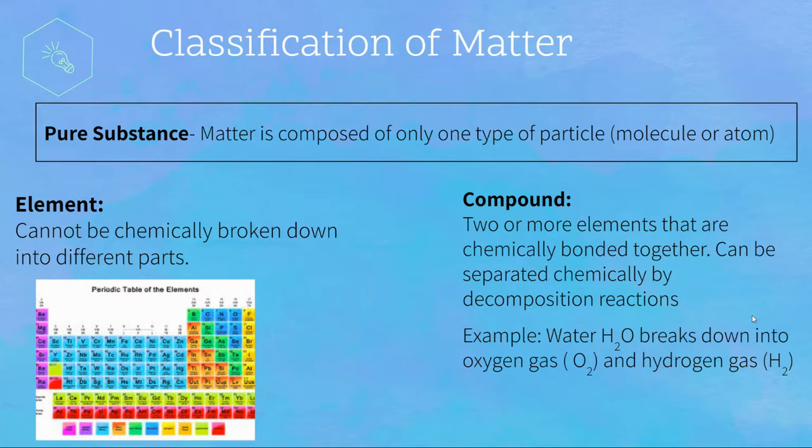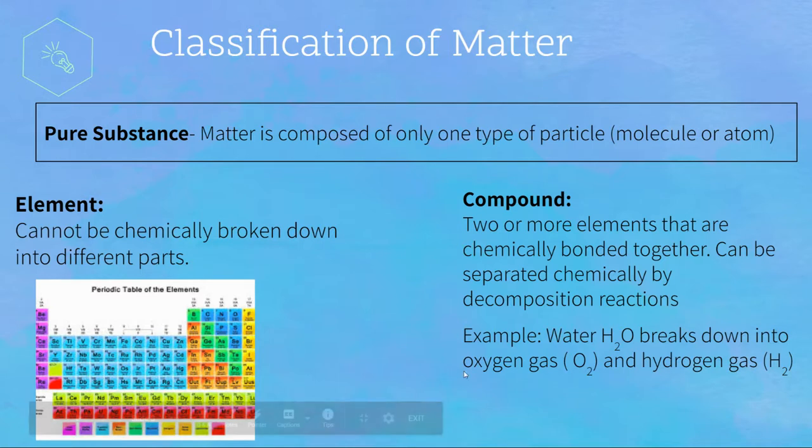You can take the hydrogen and put it back on water. You can take the oxygen and put it back on water. So we can chemically break down compounds. But it is a compound because it's two or more elements. So therefore it's a pure substance because again, it's only comprised of one type of particle. Water is water. Okay, so that's your two different categories underneath pure substance.